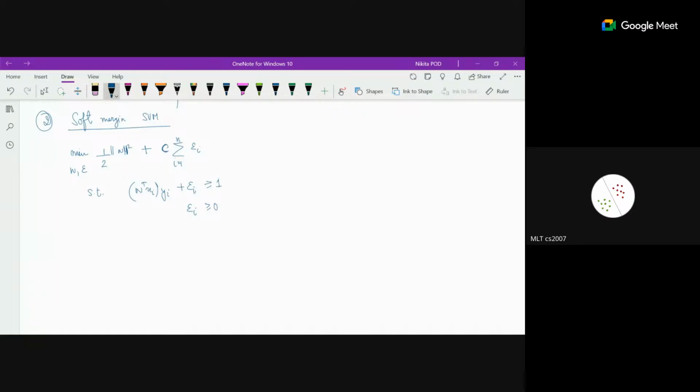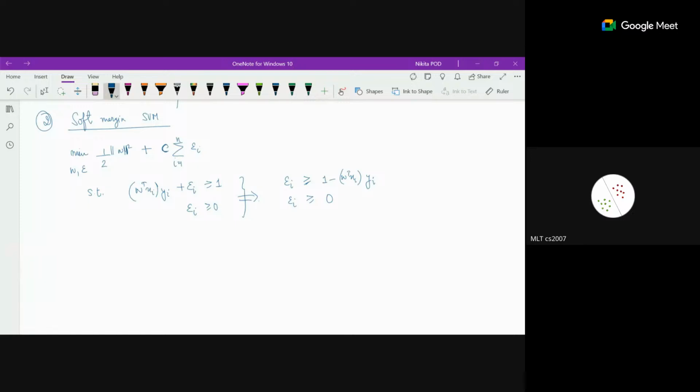Now, if we try to write it in a little different way, we can write the constraint a little differently. This can also be written as epsilon i should be greater than or equal to 1 minus W transpose Xi times Yi, and the second is that epsilon i is greater than or equal to 0.